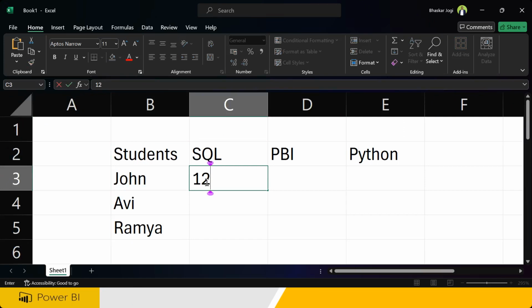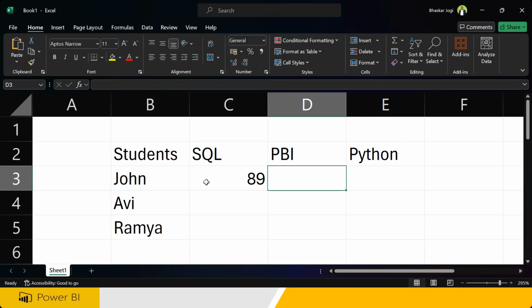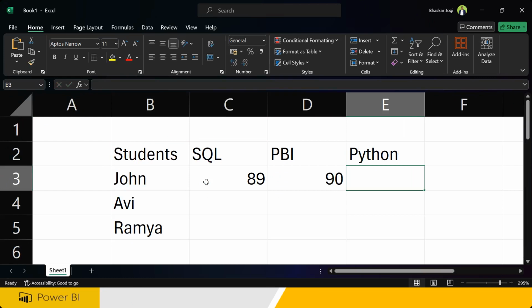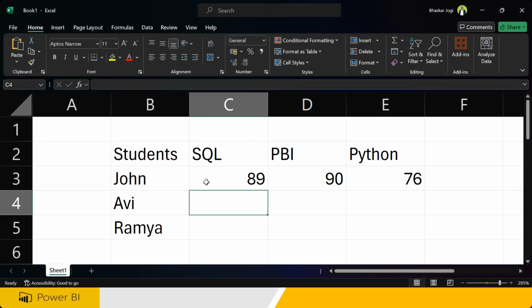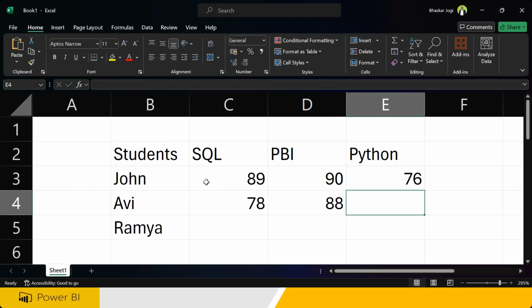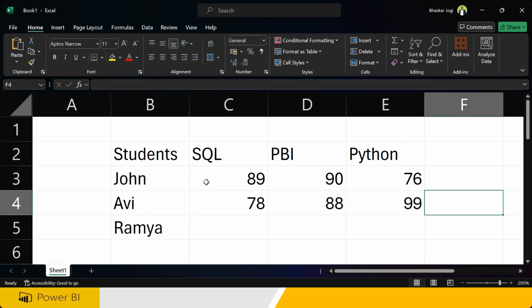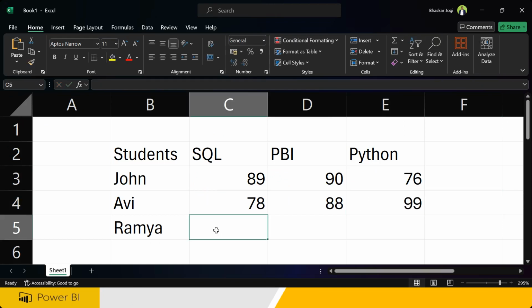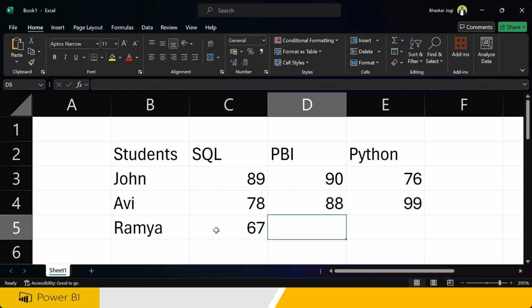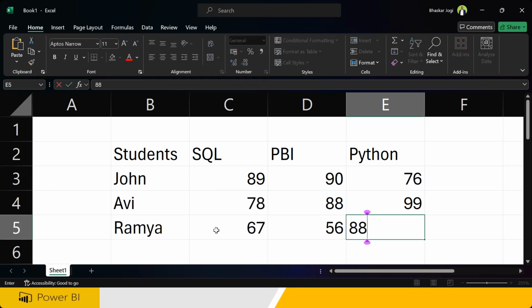Let us say 89 out of 100, 90 out of 100, 76 out of 100. Now it will be 78 out of 100, 88 out of 100, and 99 out of 100. Ramya's marks will be 67 out of 100, 56 out of 100, and 88 out of 100.